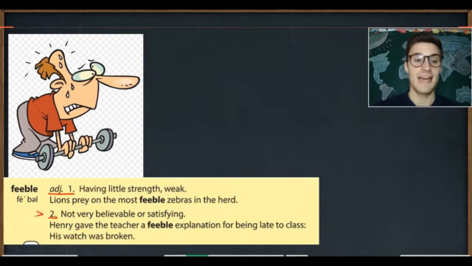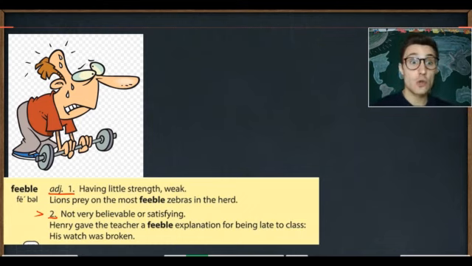The second adjective meaning for feeble, we use this word to describe nouns which are not very believable or satisfying. Henry gave the teacher a feeble explanation for being late to class. His watch was broken. So a feeble explanation is not a believable one, not a satisfying one.